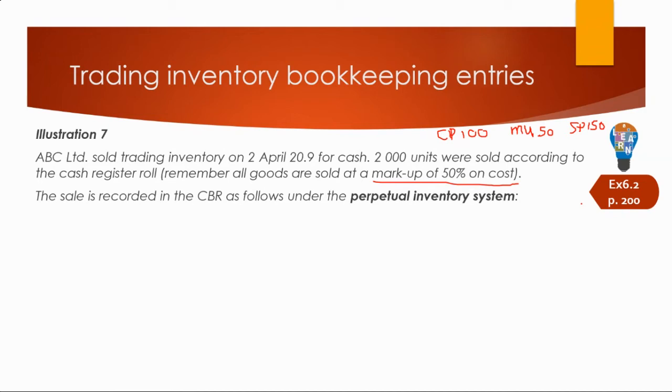If I sell inventory under the perpetual inventory system, how many transactions do I have to record? Are we recording one double entry or are we recording two double entries?